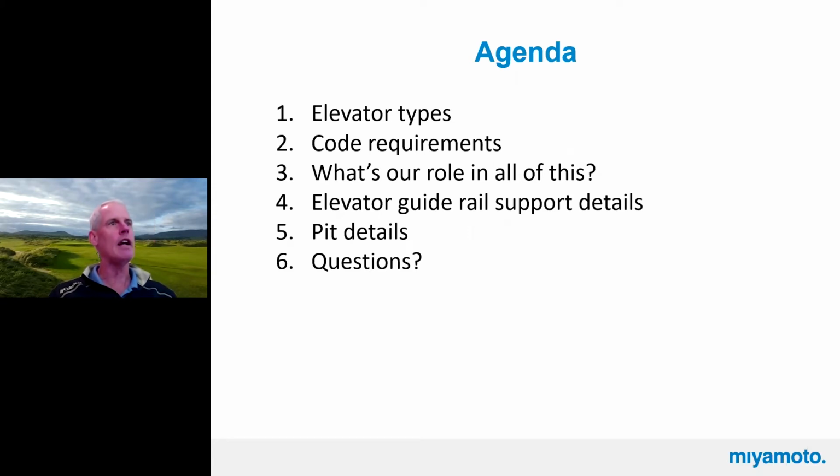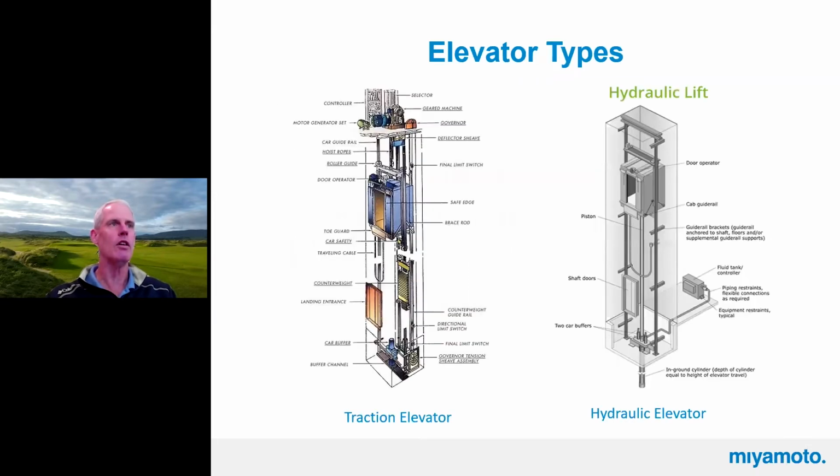And then elevator guide rail support details, which we have some very good typical details, and we never really need to change them unless we have a very unusual elevator. Pit details, questions, and then the ins and outs of what our process is for this, and what we should have in our drawings and what's not really our responsibility.